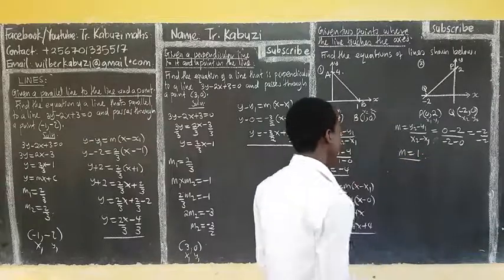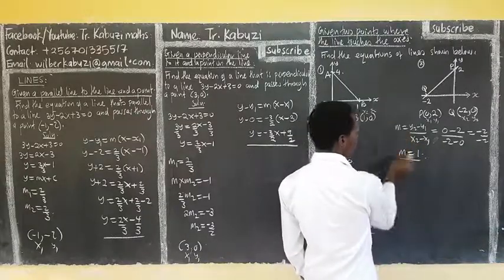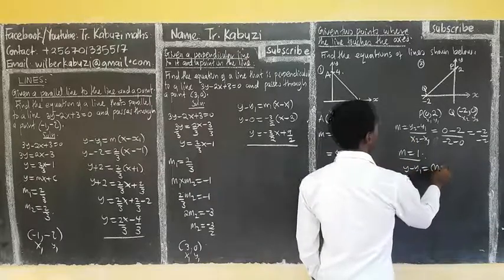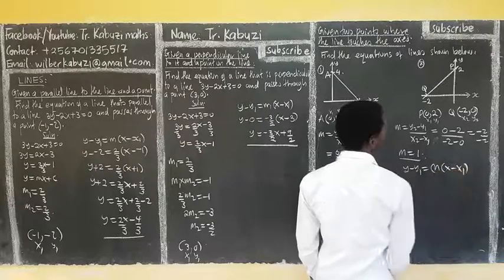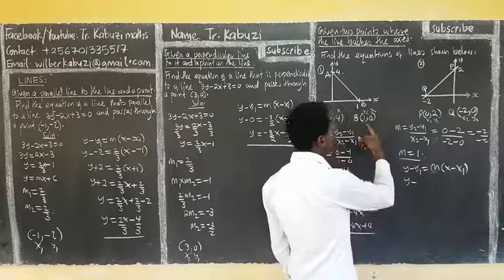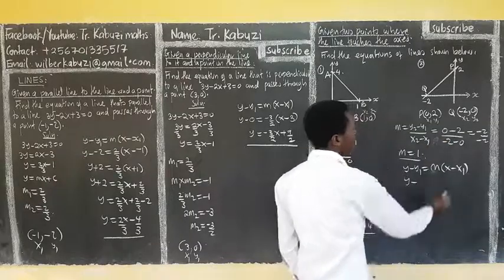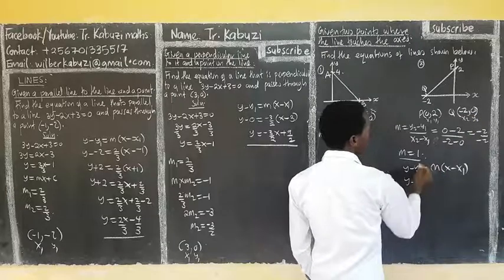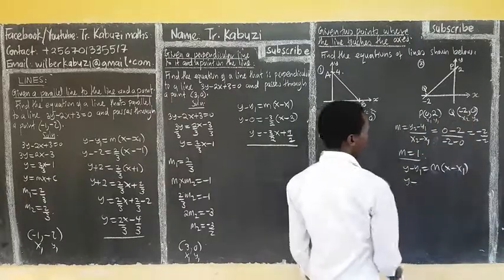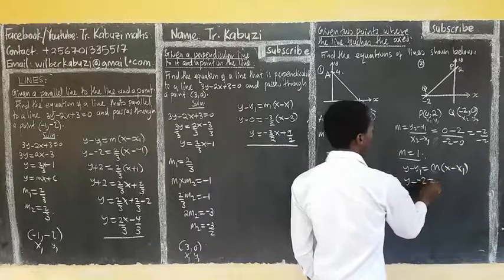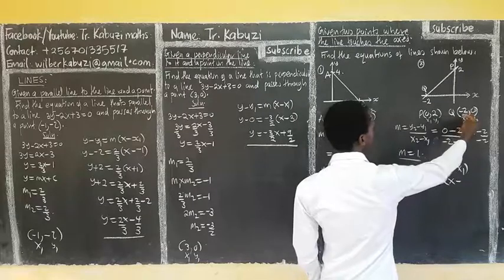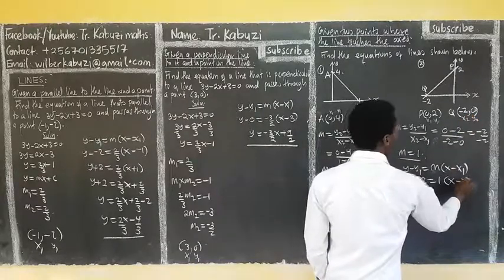Having the gradient, I just use my formula: y minus y1 equal to n into x minus x1. This time let me choose this one so that people can see. You can use either this point or this, and the answer is going to be the same. So now you can use this: y minus 2 equal to 1 into x minus x1, which we take as negative 2.